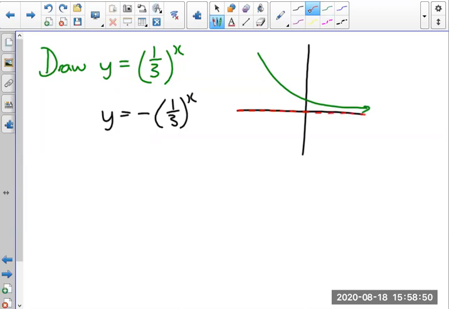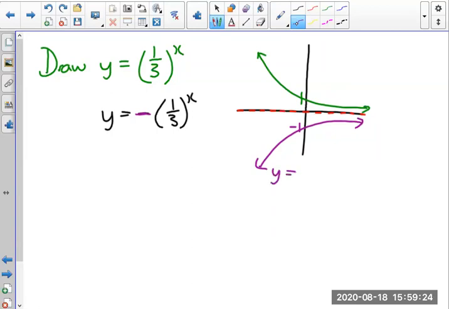Y value, a third to the 0 is 1. Now, if I ask you to draw minus a third to the x, take your asymptote again. Can you see? Your x-axis. The y's just become negative, so it means a reflection in the x-axis. So your graph will just go like that. Your y-intercept will be -1, and your graph is below the x-axis.